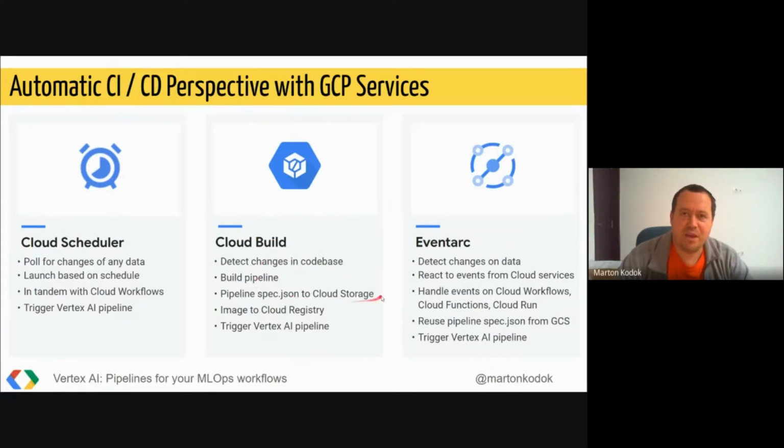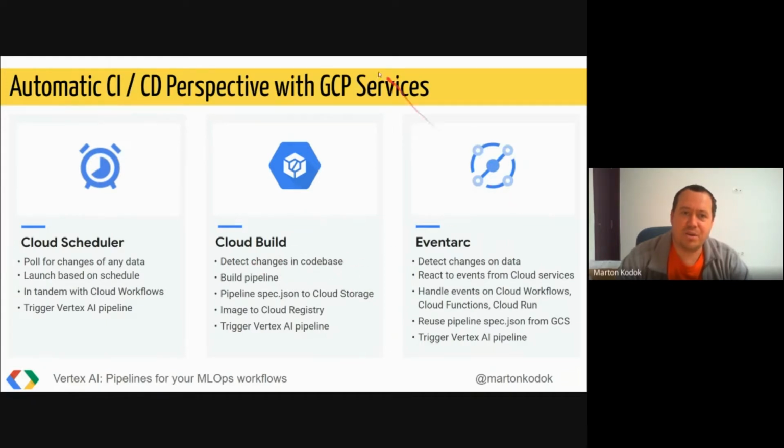The pipeline specification is placed on Cloud Storage, which is, let's say, similar to S3 on Google Cloud Platform. The image is built to Container Registry, and then it will automatically trigger the AI pipeline. The pipeline can use AutoML features, but can also use containers which you have built out using Cloud Build. This is an amazing service, and it lets you react to changes in the code base.